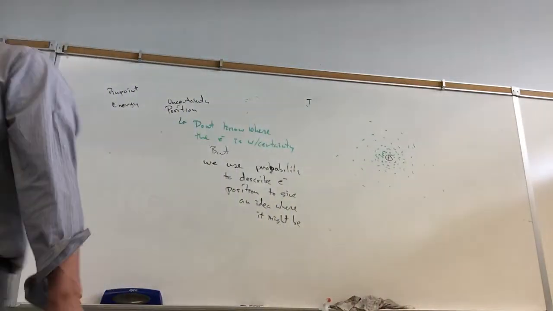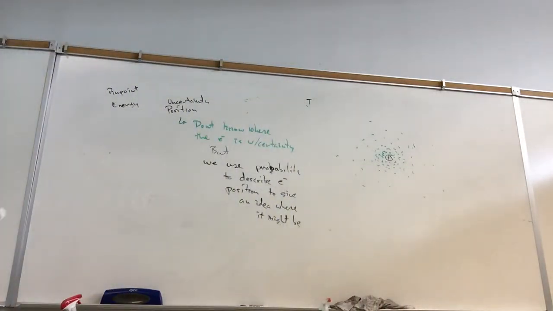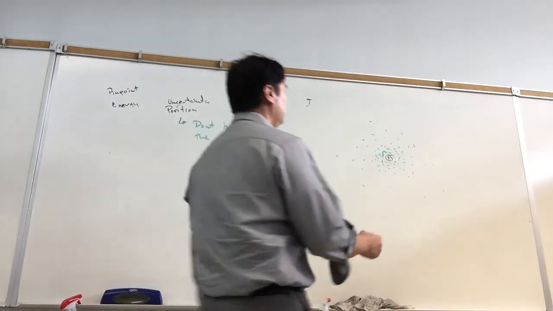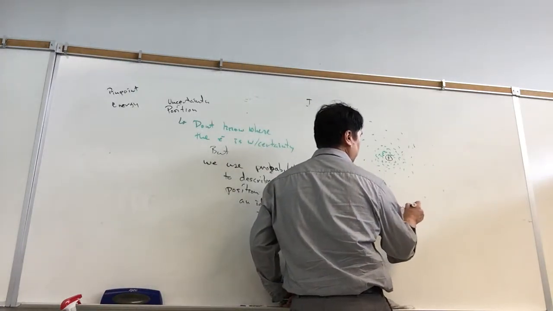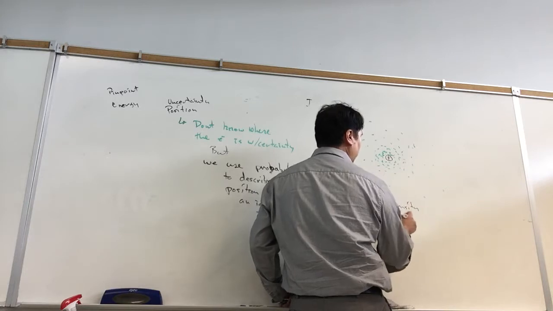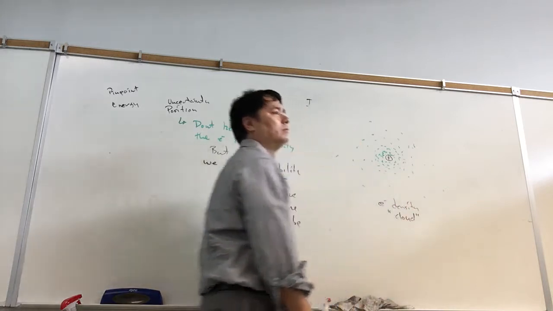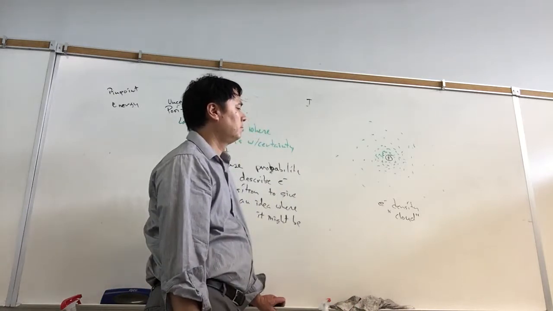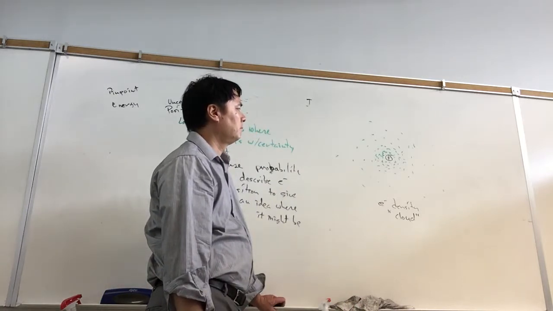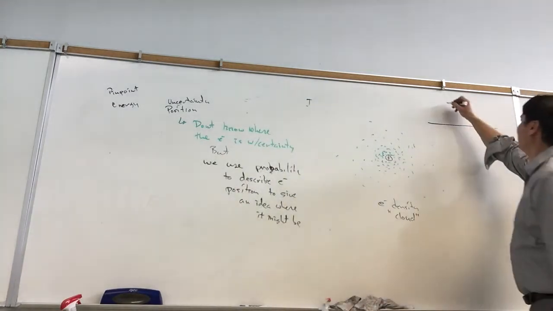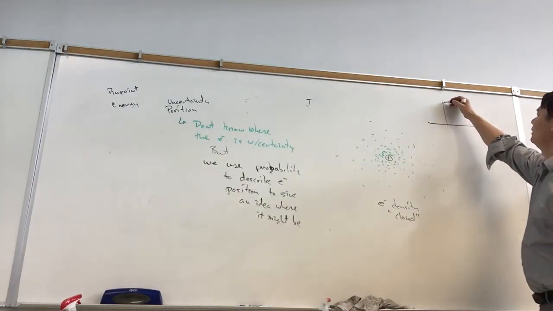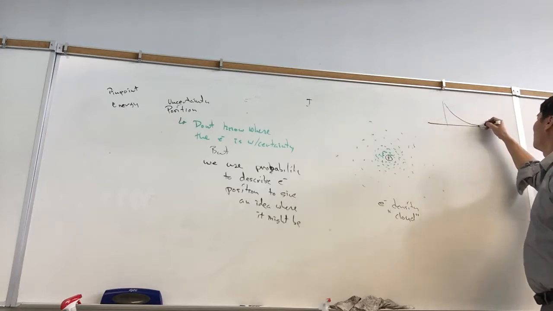All right, well, this is what we call an electron density, or electron cloud. We can graph this here. The nucleus is here, then probably the highest probability is close to the nucleus, and then it drops off.